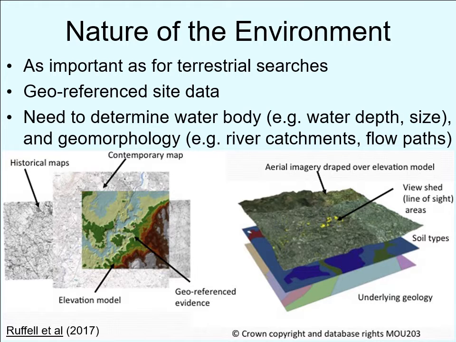For those examples, you can see here, it's one of Alistair's review papers. They're looking at modern and historical maps to see if there's any changes from when perhaps things were deposited to what the timeline is now. Some more information on aerial imagery, perhaps, the soil types, the underlying geology. That's going to help you decide what techniques to use or what potential variables you need to worry about when you're doing your surveys.